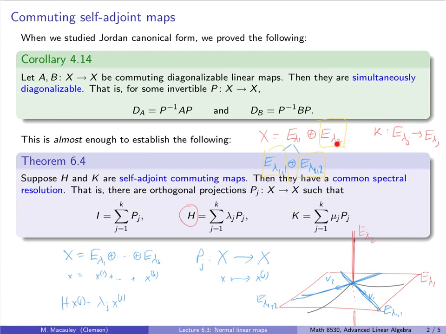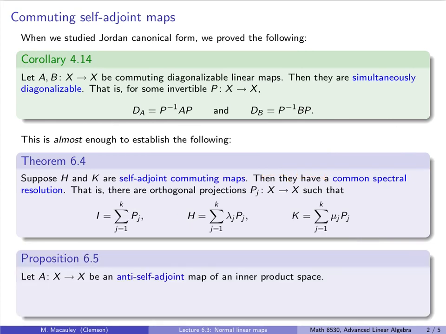And these 3 things are all individually eigenspaces of H, and they are eigenspaces of K. Now these 2 things happen to correspond to the same eigenvalue of H. That's fine. We are not necessarily saying that all of these lambda j's and all of these mu j's are distinct. They certainly do not have to be. But that's how the proof of this thing went, is to use the spectral theorem and then further decompose them because K is invariant on each of the eigenspaces.